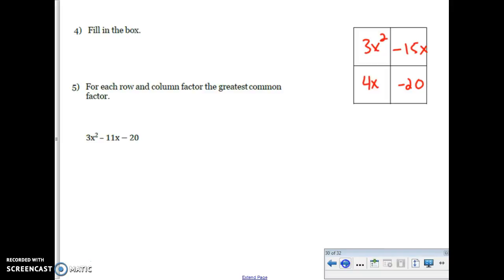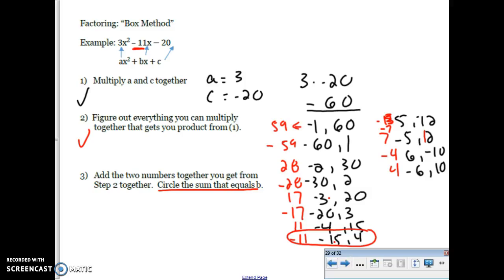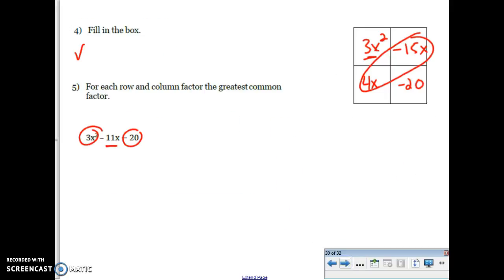This main diagonal is going to equal the middle term of negative 11. So I've done step 4: I've filled in the box. 3x squared comes from the first term, and negative 20 is the last term. I'm just figuring out what multiplies to get negative 60 from the first and last term, and what sum equals negative 11. Sometimes you hear this as the product-sum method as well.